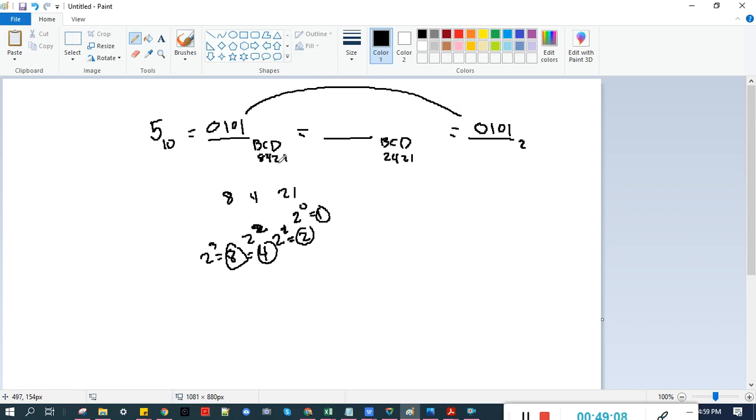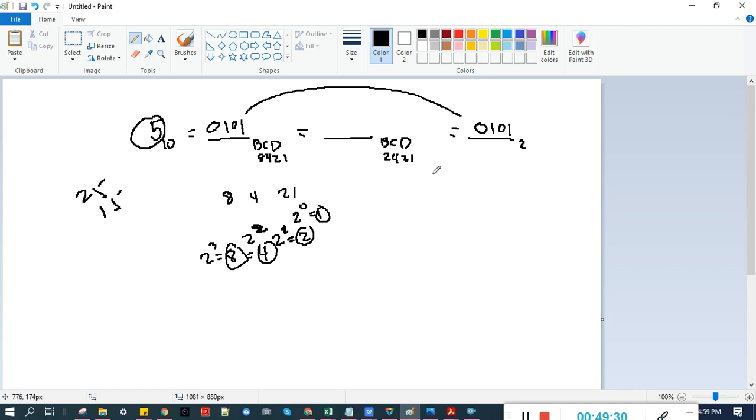Again, BCD 8421 is the same as the binary number equivalent if we only have one digit, like 5. But if it's 25 or 15 with an initial digit here, it's not the same.